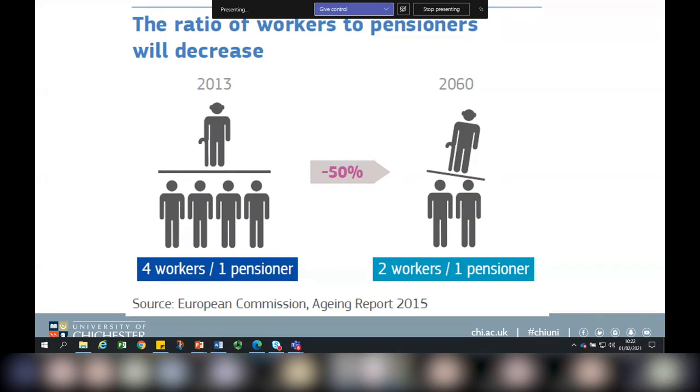Yeah, and there's more reliance on those 2 workers to be productive. It also might mean that pensions will have to be reduced because there's less financial support, less economic support for it. So this is why it's a big concern to government.